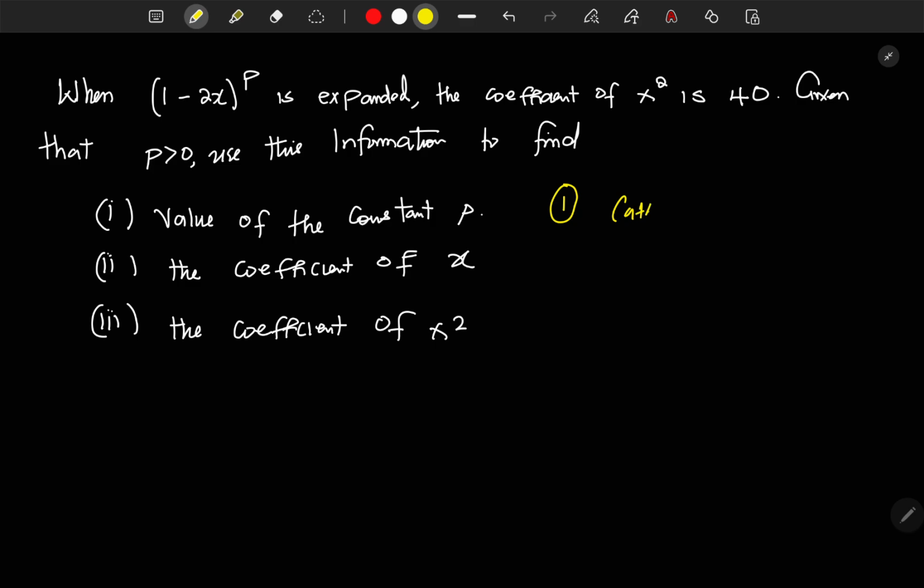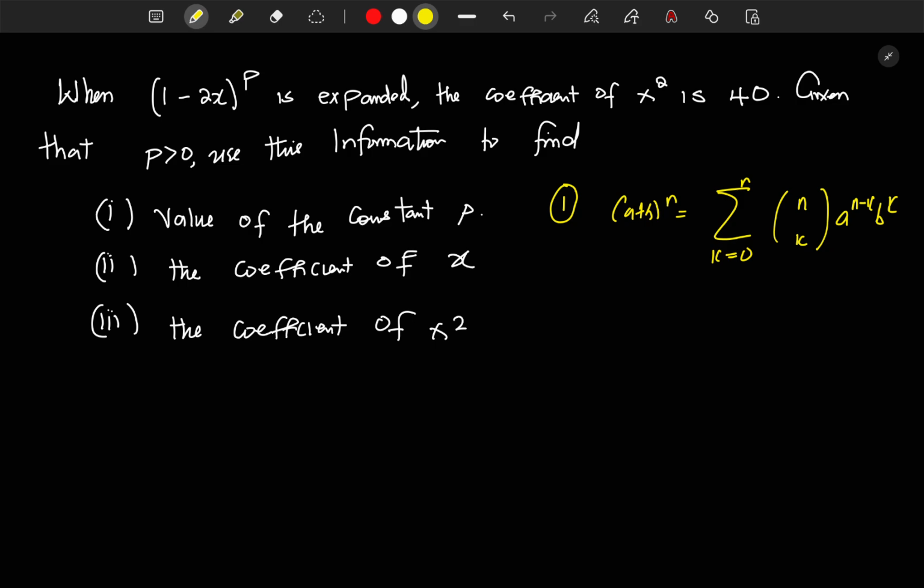If we have (a plus b) to the power n, then the summation of n combination k, a to the power n minus k, then b to the power k. You remember this formula, right? We can use this. We can also use another one where we distribute everything, but this one is quite easier.